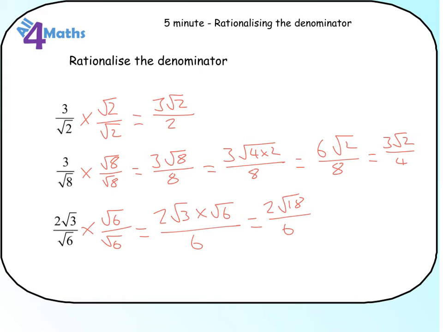The root 18 can be simplified, so that's 2 root 9 times 2, which is then 6 root 2 over 6. I should have put this one over 6 as well. And 6 root 2 over 6 is just exactly the same as root 2, as the 6s cancel each other out.